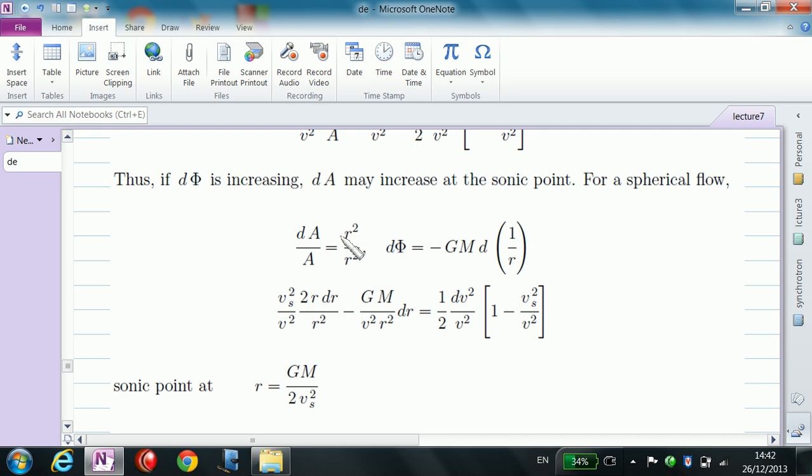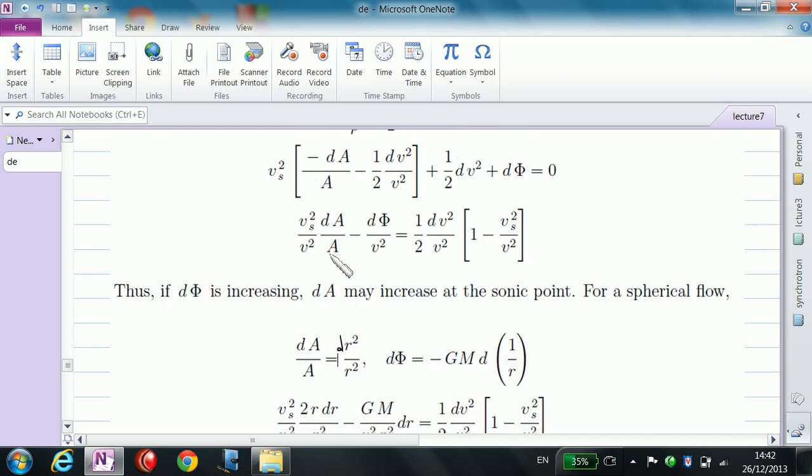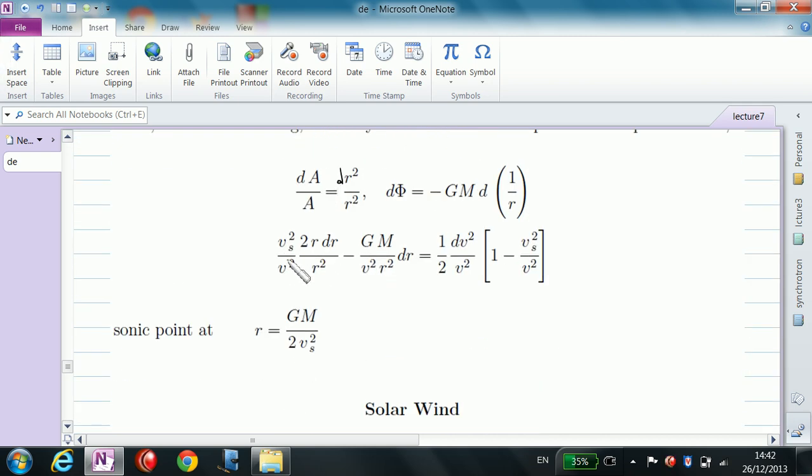So for spherical outflow, dA over A is 2 dr over r, and d phi is equal to GM dr over r squared. Substituting for these terms, the left-hand side of the equation now becomes this, and it's clear I have a sonic point when the left-hand side equals 0, which is r equals GM over 2 times the sound speed squared.